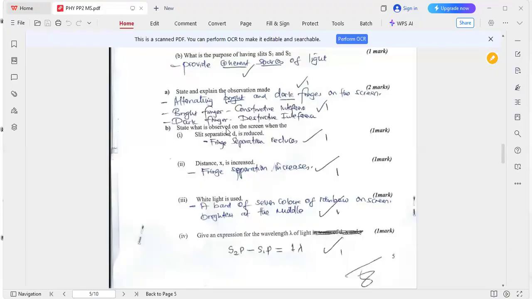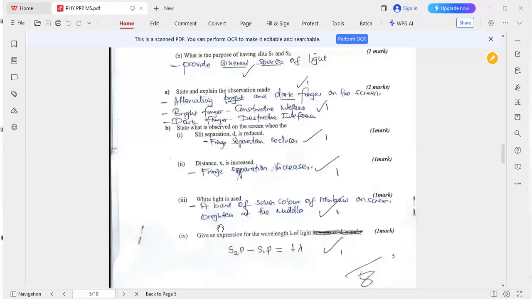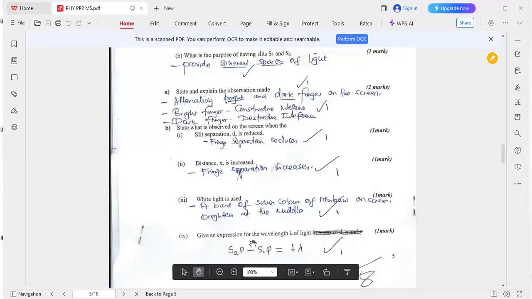Give an expression for the wavelength lambda of light. Okay, this question is about path difference, but path difference is not tested in the current syllabus.